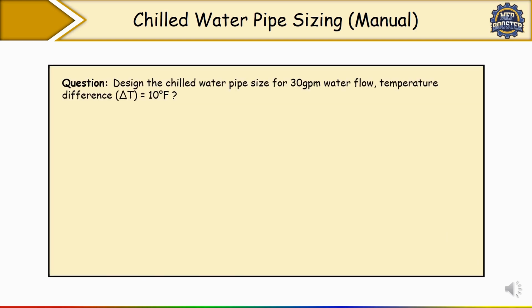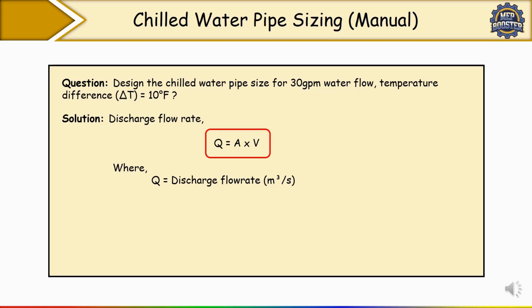Here I have taken one question. In this question, we have to design the chilled water pipe size for 30 GPM water flow. The temperature difference is given as 10 degree Fahrenheit. If you want to calculate the chilled water pipe size, first thing, what is given? Discharge flow rate is given, and we know the formula Q is equal to AV.